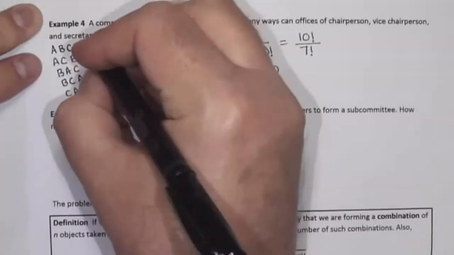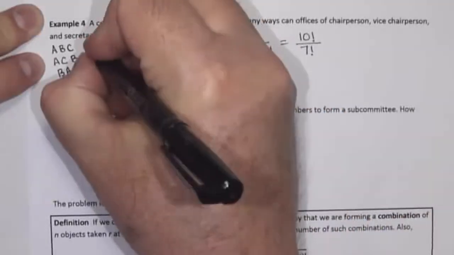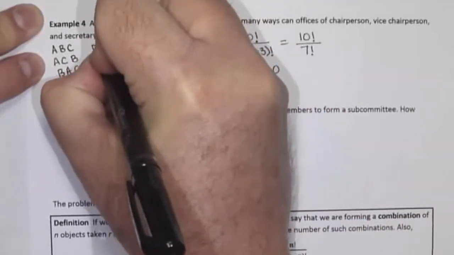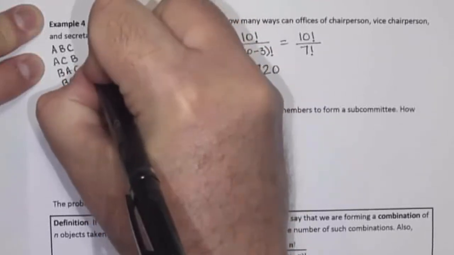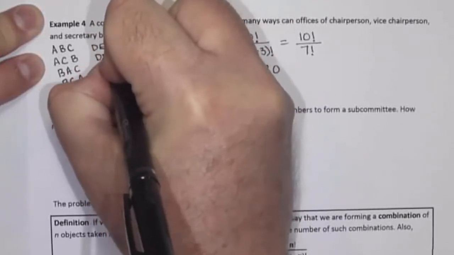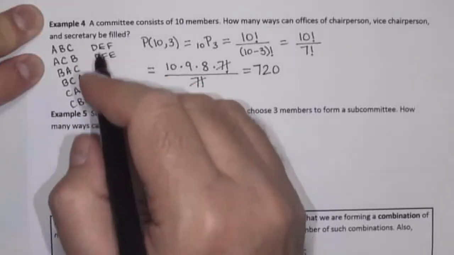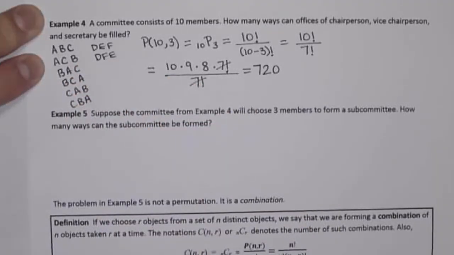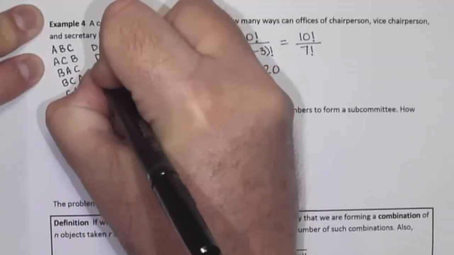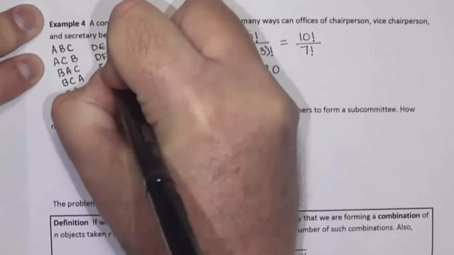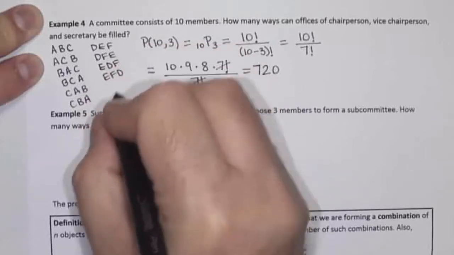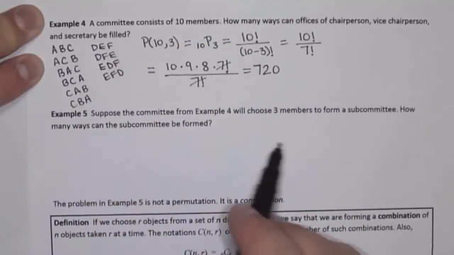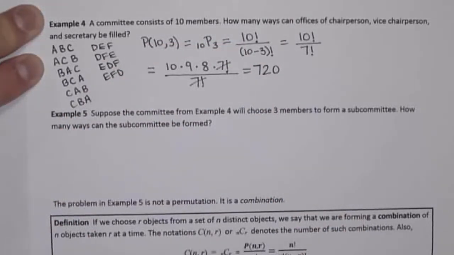In the same way, if I had 3 different members, so suppose I had members D, E, and F. Well, again, D, E, and F would be different from D, F, E in example 4, but in example 5, those 2 outcomes are the same. Likewise, if I have E, D, F and E, F, D, those are different outcomes in example 4, but they're the same outcome in example 5.